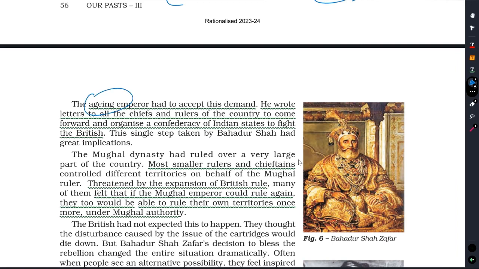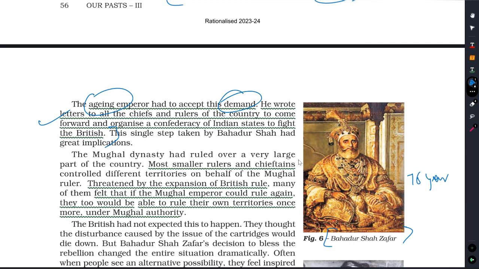Bahadur Shah Zafar was already a 75-year-old king. This aging emperor had to accept this demand. He wrote letters to all the chiefs and rulers of the country to come forward and organize a confederacy of Indian states to fight the British.